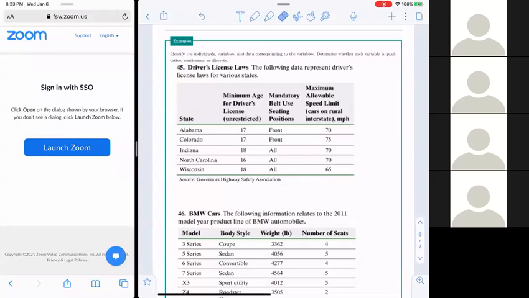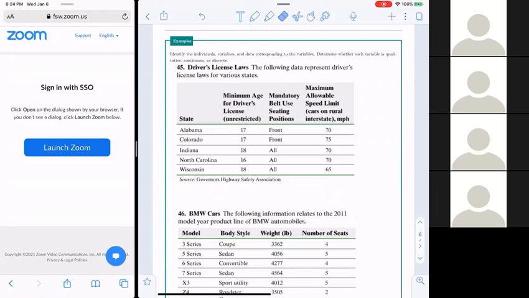Okay, so here is a data set, and we want to identify the individual, the variable, the data corresponding to the variables, and determine if they are qualitative, continuous, or discrete. So what is the individual here?